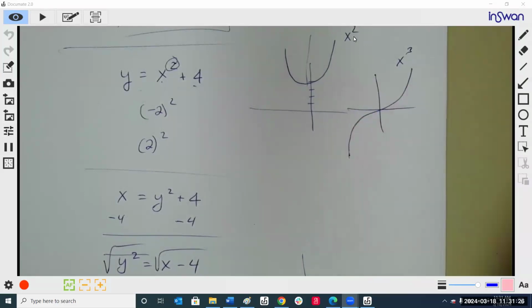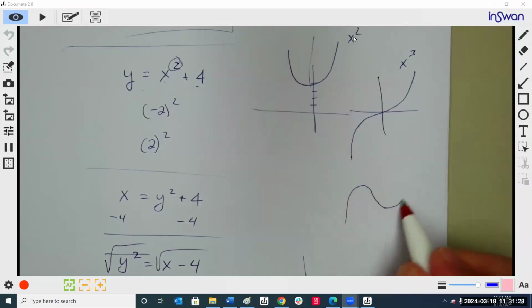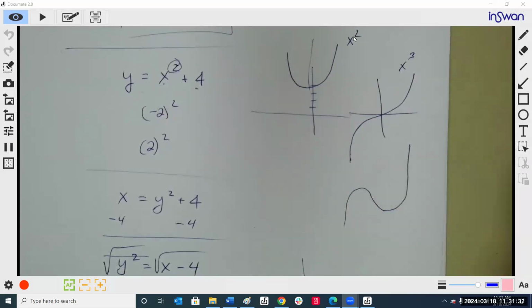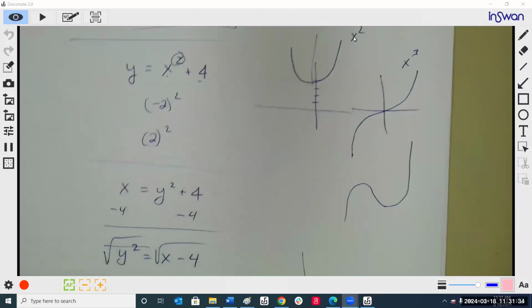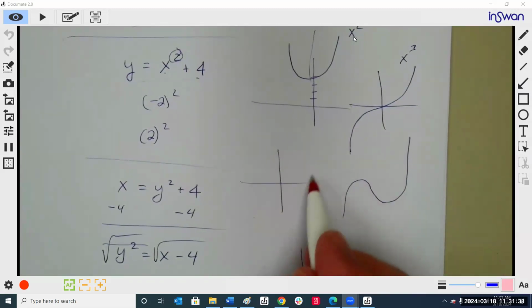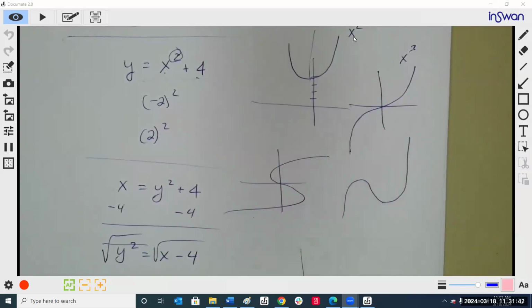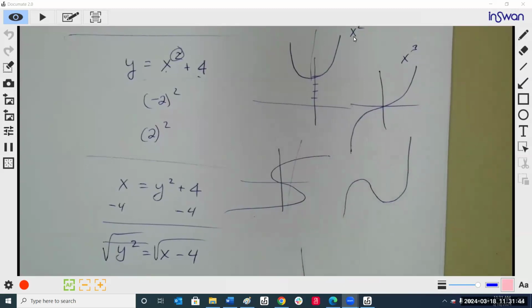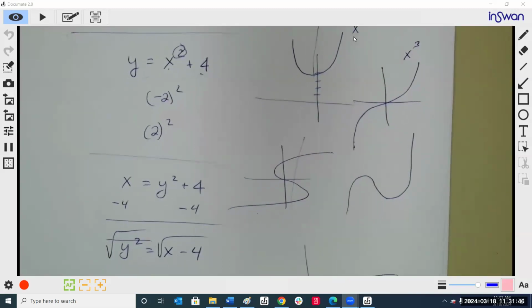At some point. But remember, they also have this. It is a function, but is it one-to-one? Because now if we were to take the inverse of this, the graph would look something like this. And therefore it fails, it's not a function anymore.